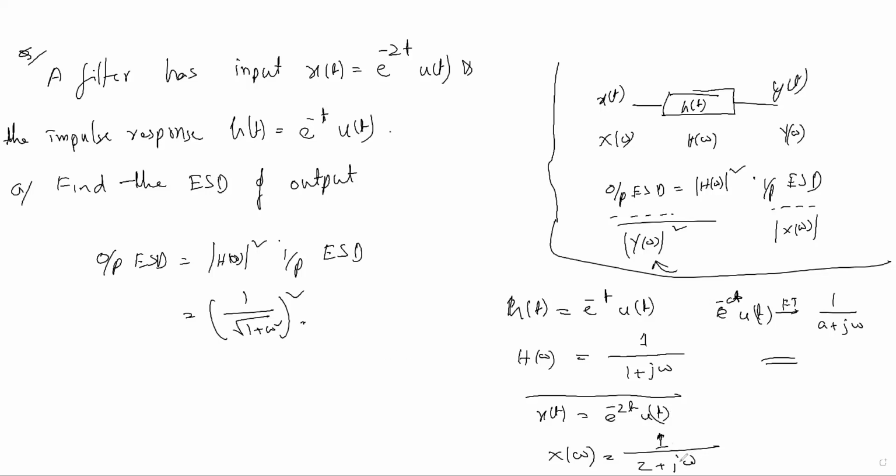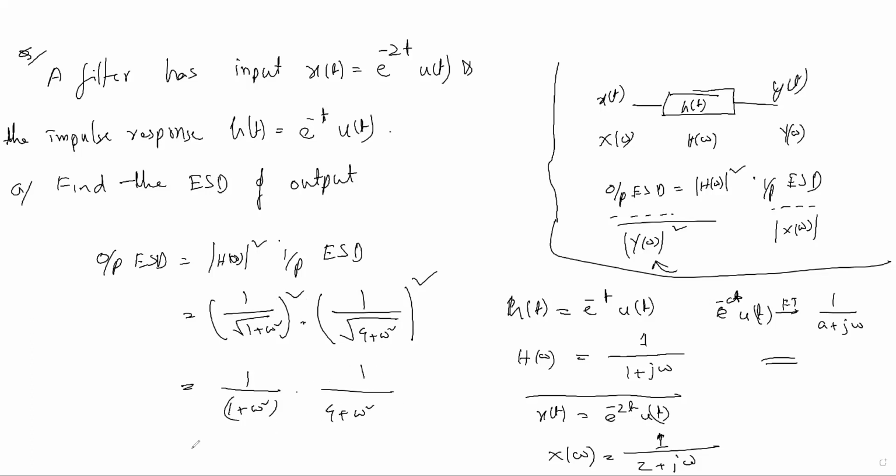So what is the mod of this? Mod of X of omega is 1 by root of 4 plus omega square. If you square both the denominator and numerator, what will you get? You will get 1 by 1 plus omega square and 1 by 4 plus omega square, isn't it?